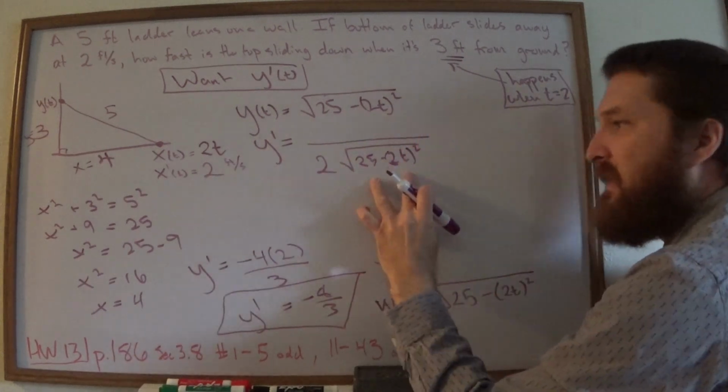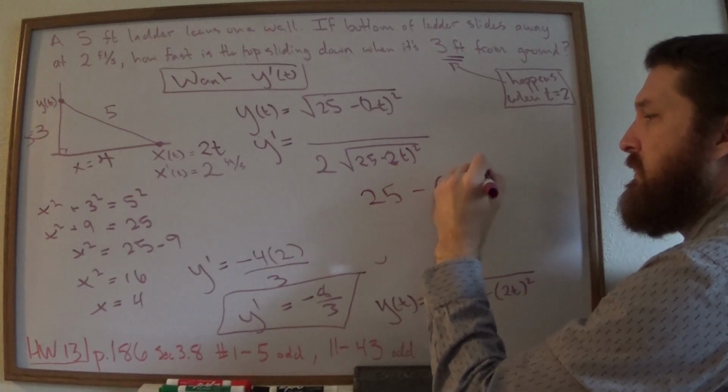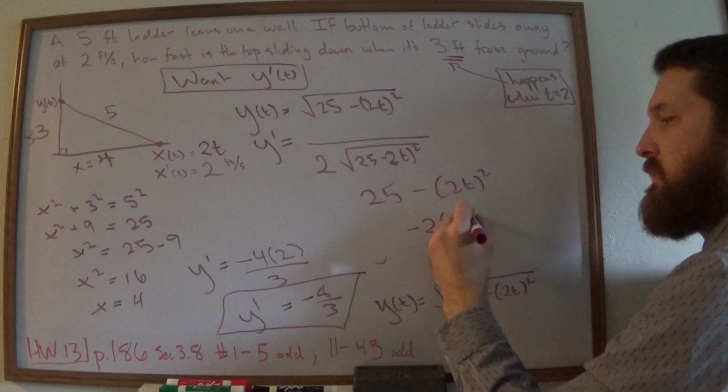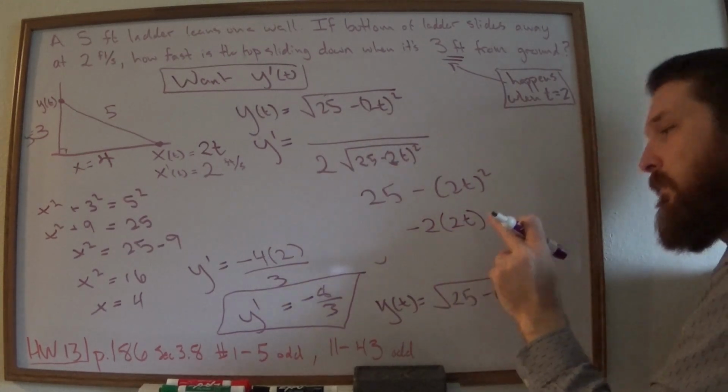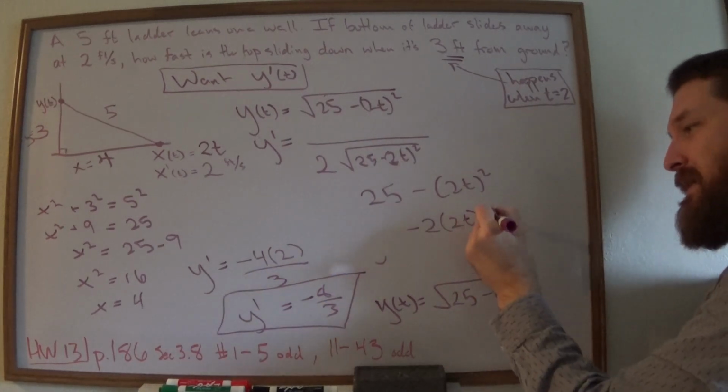Then we take the derivative of the inside stuff. The derivative of 25 minus 2t squared is going to be, the 2 comes down, negative 2 times 2t to the first times 2, right? Because the derivative of 2t is 2.